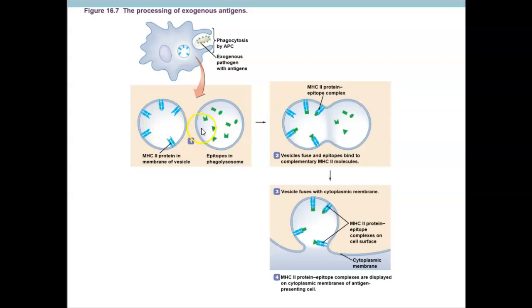These two are going to merge and fuse, and then these epitopes are going to associate with these class 2 MHC proteins. Then they are going to get transported out to the surface, and again, this makes them available for immune cells to come and find out what this cell just did phagocytosis on, and is there more of that, and what do we need to do about it?